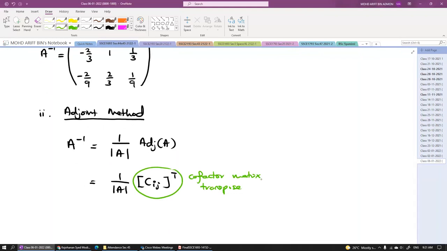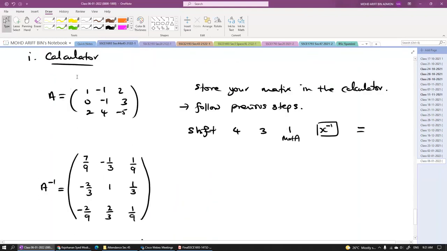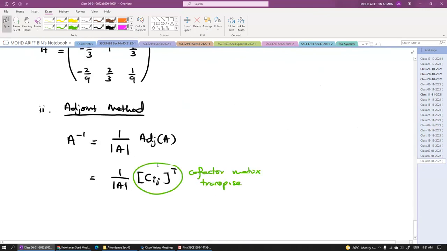What is the meaning of cofactor matrix? If your matrix is 3 by 3, you have to find C11, C12, C13, and C21, C22, C23 until C33. That's what we call the cofactor matrix. After that, you transpose your cofactor matrix. That represents your adjoint.